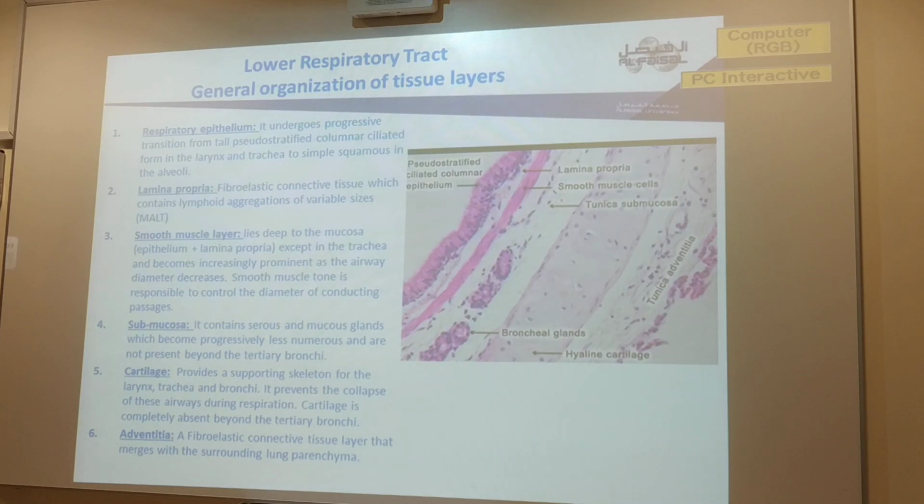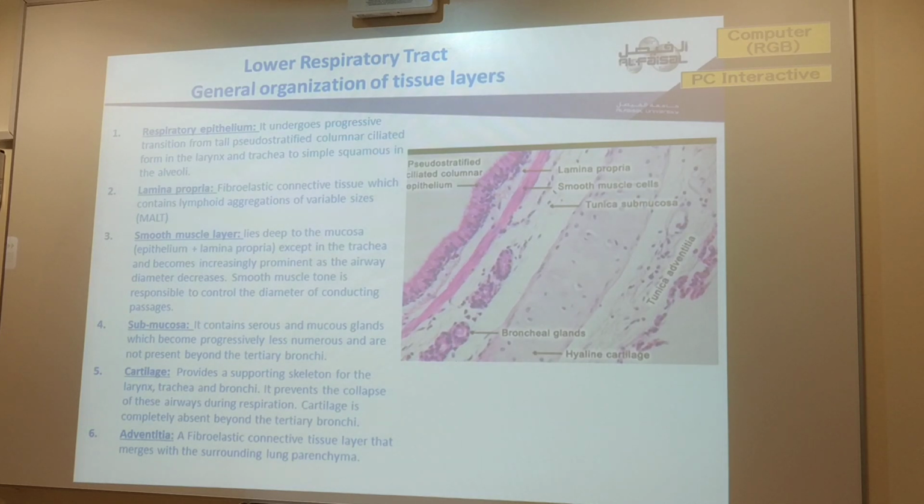This is a general description. Now, don't come to me and say, Dr. Zafar, you said there are to be 6 layers in the wall of the lower respiratory tract, but in the bronchiole, I can't see all these 6 layers. So I'm not describing individual segments. I'm saying this is how we start. The maximum possibility of having layers is 6 in this order. Based on this, we'll start discussing larynx, different structures.